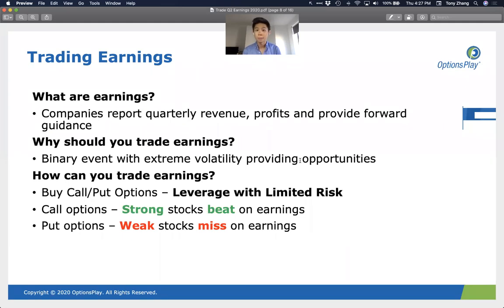So let's talk a little bit about trading earnings. First of all, just a quick recap, what are earnings to begin with? Earnings is really where a company reports their quarterly revenue, their profits in terms of their earnings per share, and they try to provide some forward guidance. Now, this is the part that we have lacked. Forward guidance arguably is the part of the information that really drives the outperformance or underperformance after the stock reports earnings.